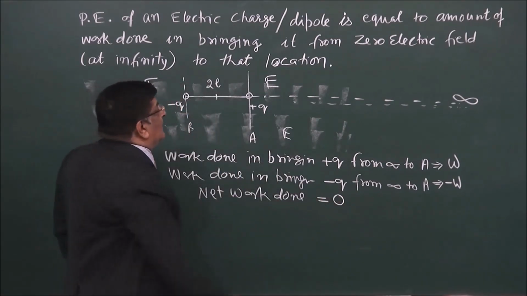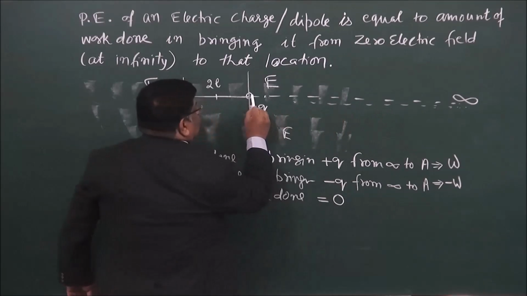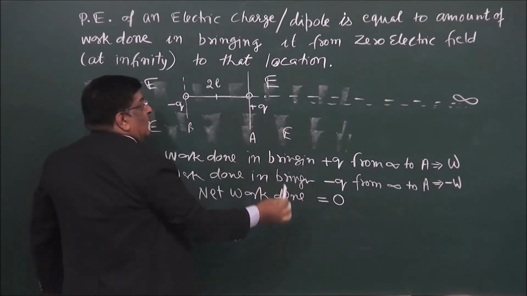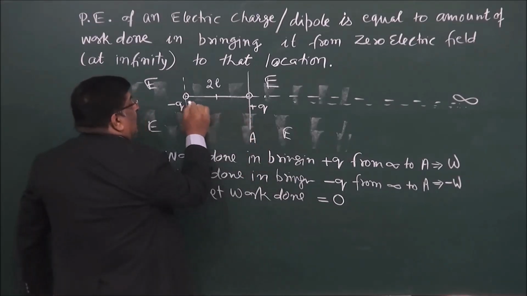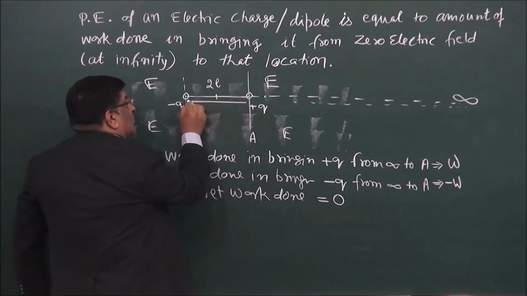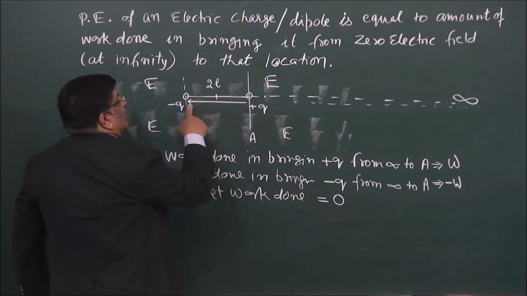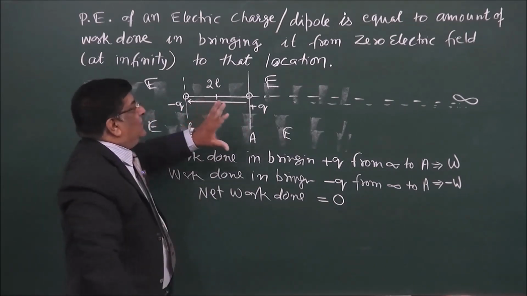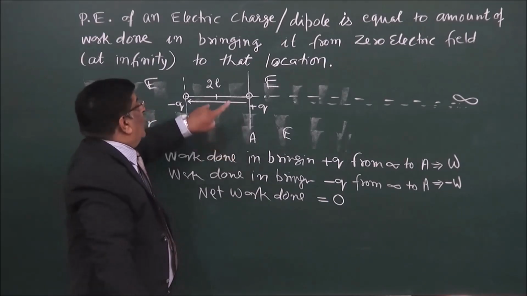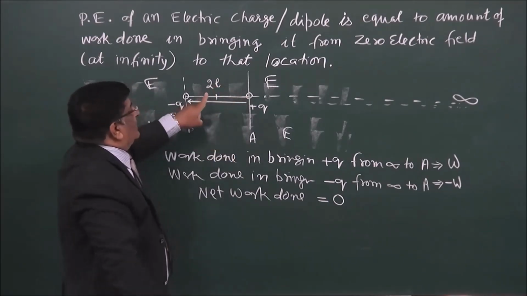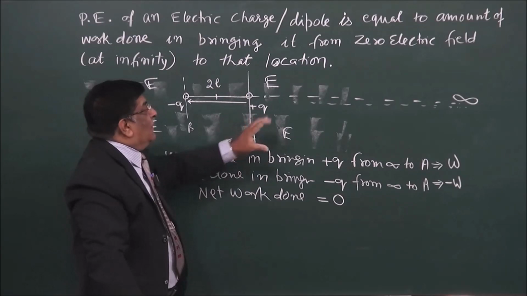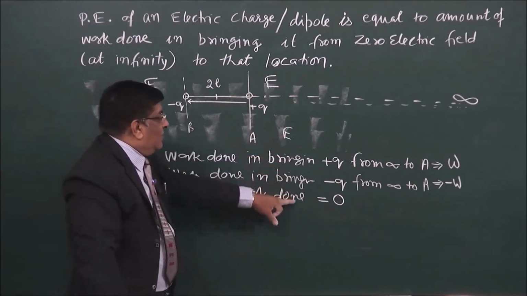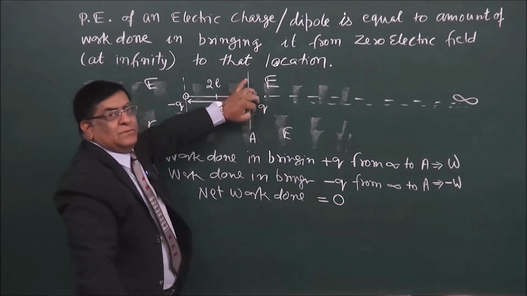Plus Q has come here, minus Q has come here, the net work is 0. Now we have to take minus Q up to this point and calculate this work done. That work done will be the total work done for bringing the two charges here, because up to this point the two charges have been brought and the work done is 0.